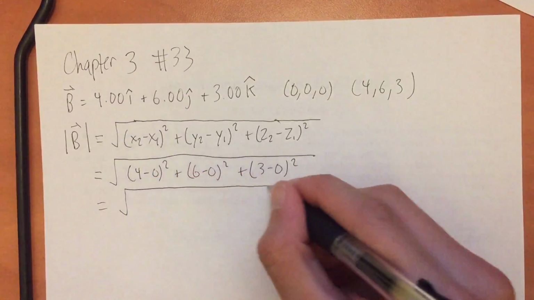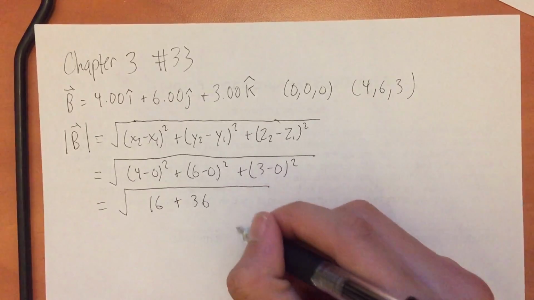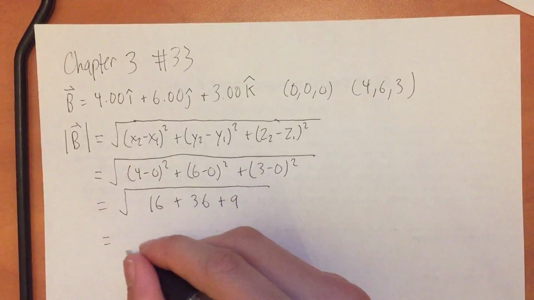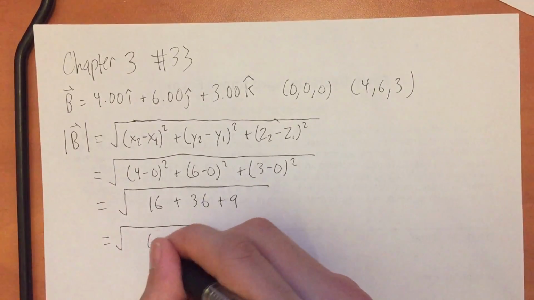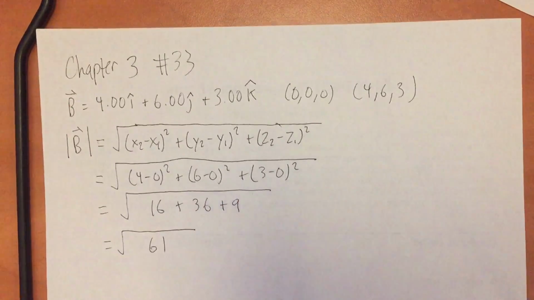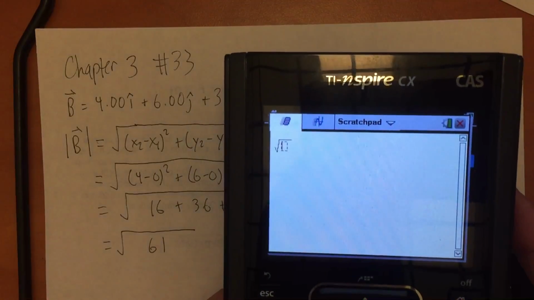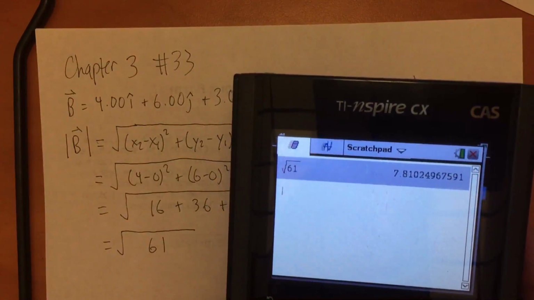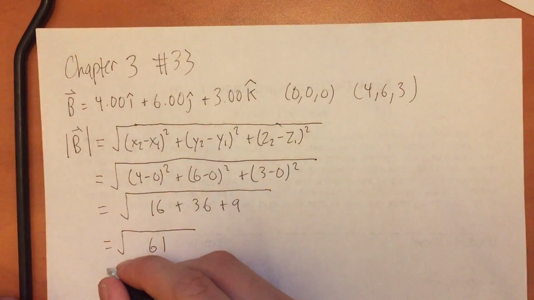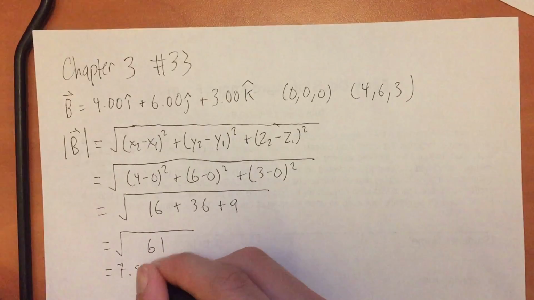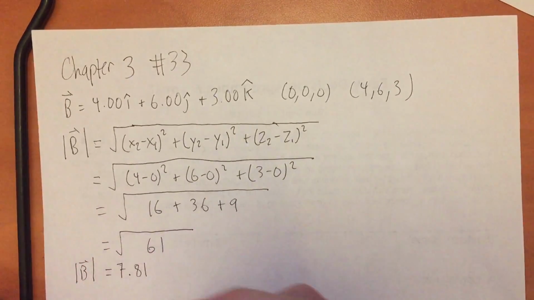Then we get that equals square root of 16 plus 36 plus 9, which equals square root of 61. Now plugging that into the calculator, we get 7.81. So this is the magnitude of vector B.